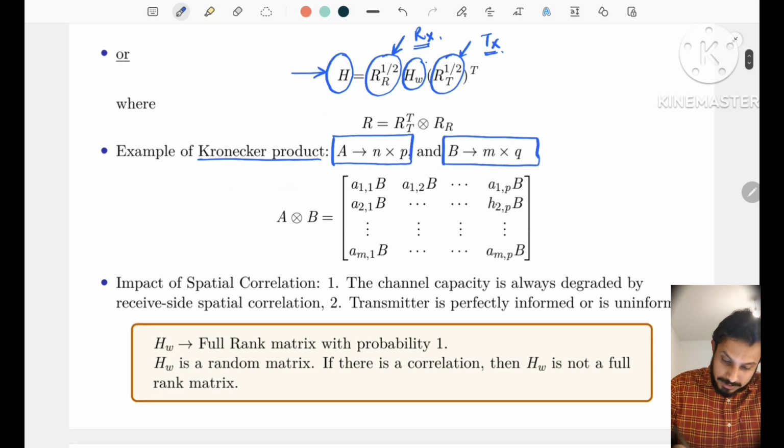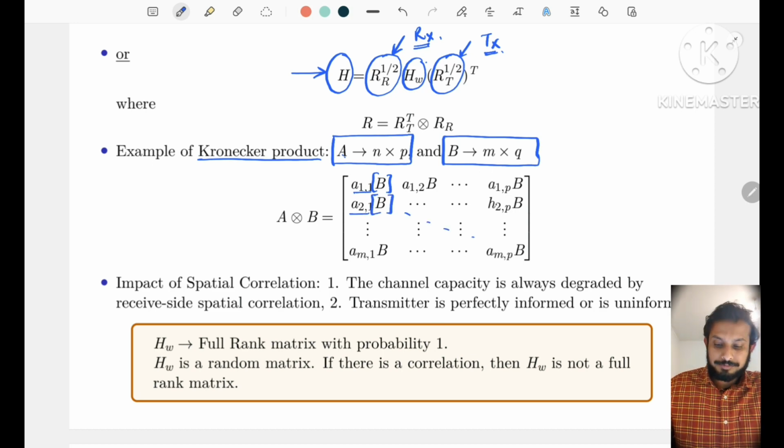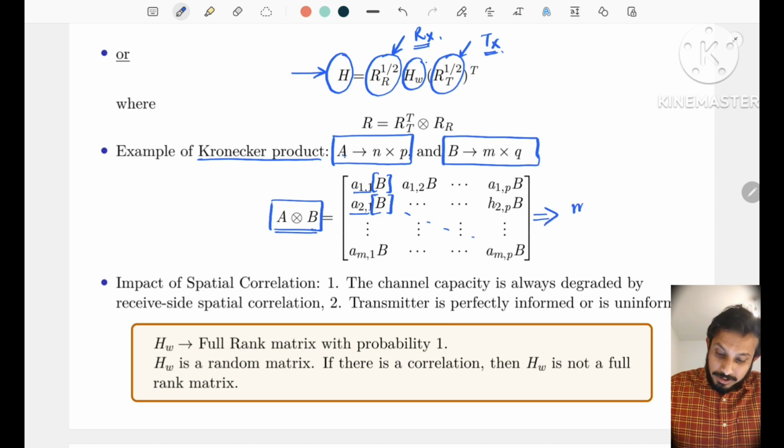Kronecker product means every element of matrix A is multiplied by matrix B. That means the first element is multiplied by matrix B, the second element is multiplied, and so on. As a result, the Kronecker product of A and B will result in the dimension mn cross qp.